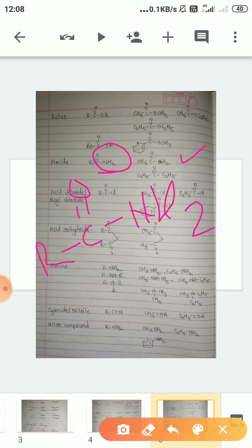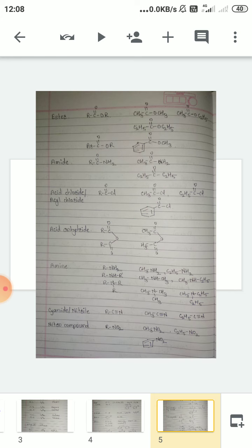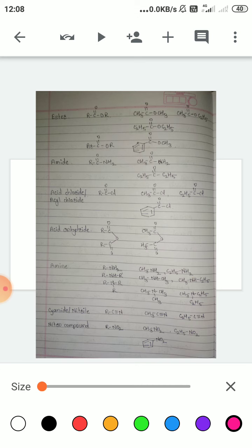For example, CH3 C double bond O NH2 is acetamide, and C2H5 C double bond O NH2 is propanamide.